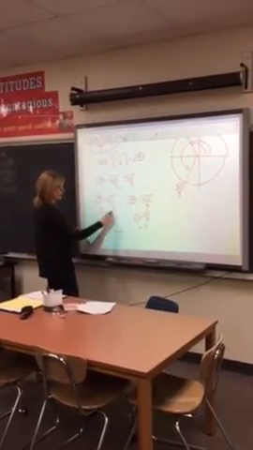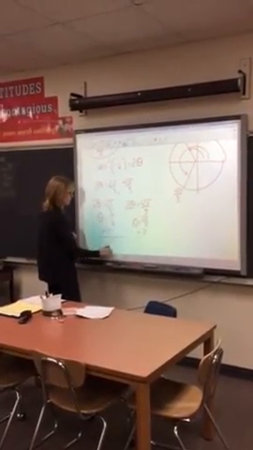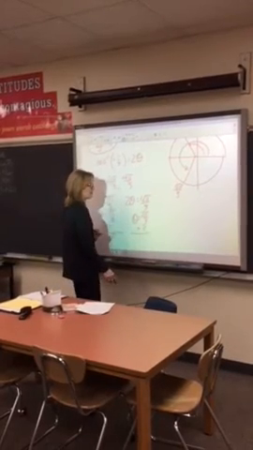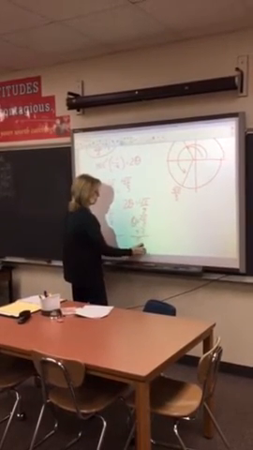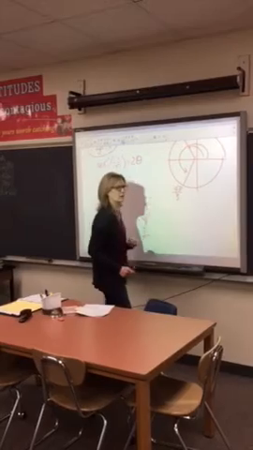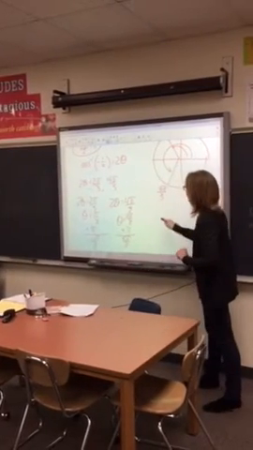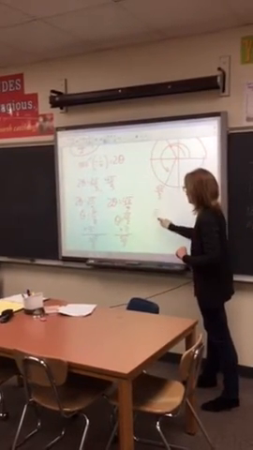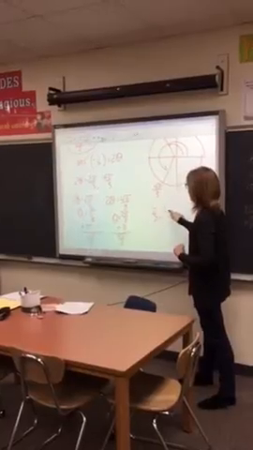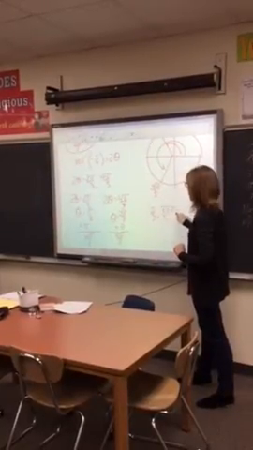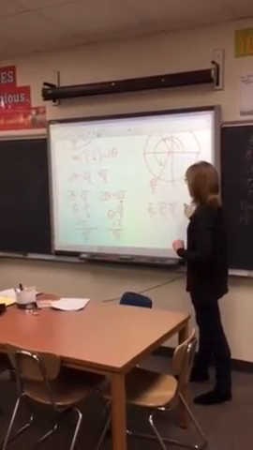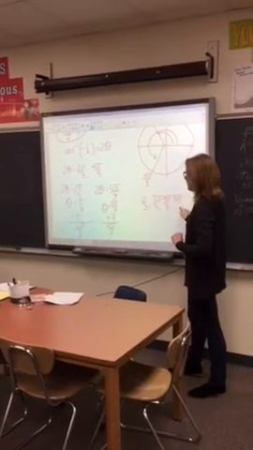So pi more than pi over 3 is 4 pi over 3, and pi more than 2 pi over 3 is 5 pi over 3. So as we expected, we find that we have four solutions: pi over 3, 2 pi over 3, 4 pi over 3, and 5 pi over 3.